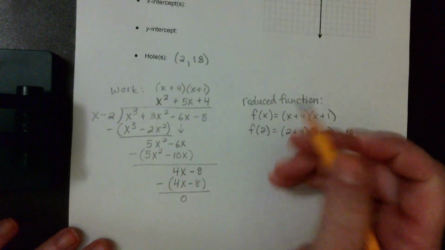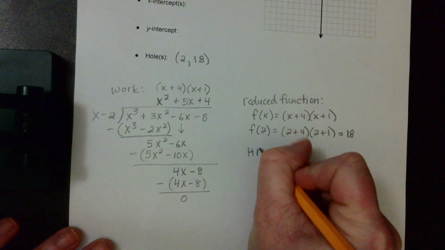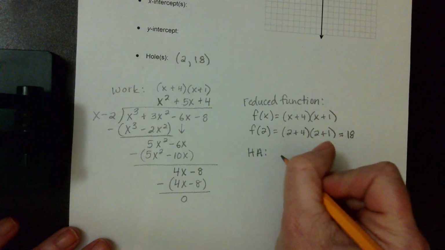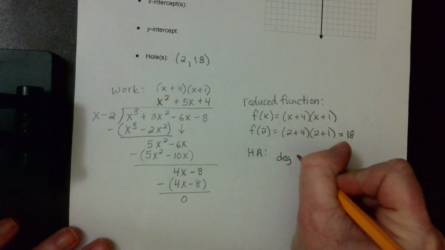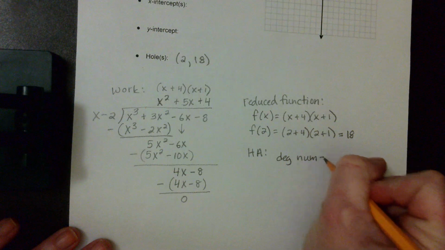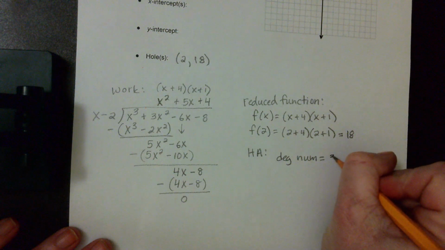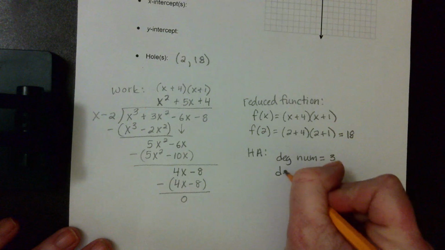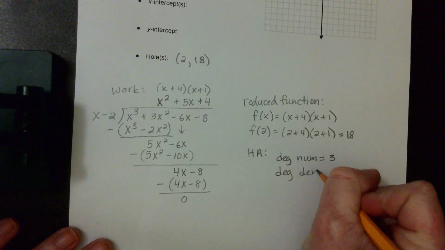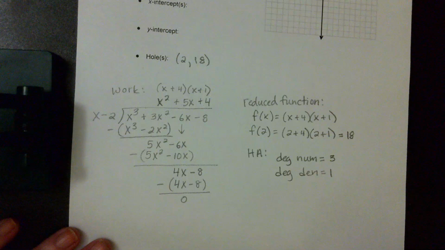So again, some work down here for my horizontal asymptote. The degree of my numerator is 3. The degree of my denominator is 1.